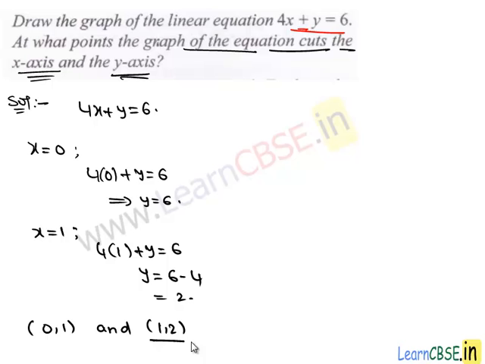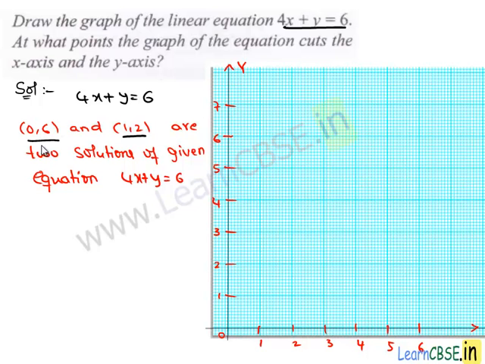So we take these points on the graph and draw a straight line. Let's look at the point 0, 6. Here the x coordinate is 0. That means the distance of this point from y-axis is 0. So 0, 6 lies on y-axis. It is here. Similarly, we have to plot 1, 2. Here the x coordinate is 1. So the distance of this point from y-axis is 1.